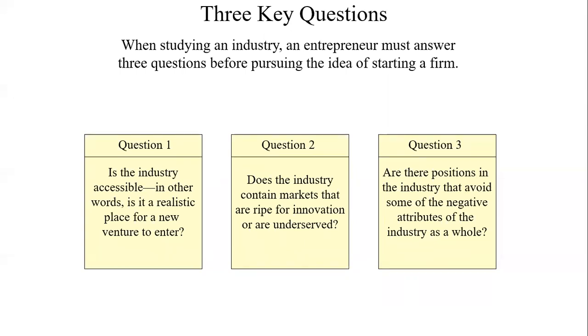Now, we are trying to ascertain from this question whether the industry entertains new entrants or it is the type of industry that has a lot of restriction protocols in place that cut the throat of new entrants. So depending on your answer, if your answer is that the industry is accessible, then you stand a chance of continuing or pursuing the idea of starting the new firm.